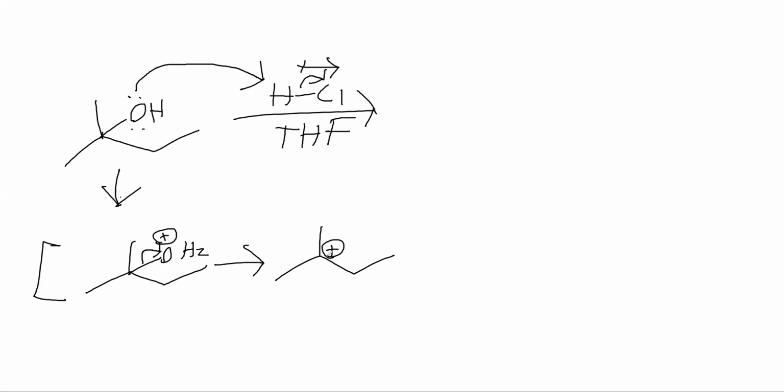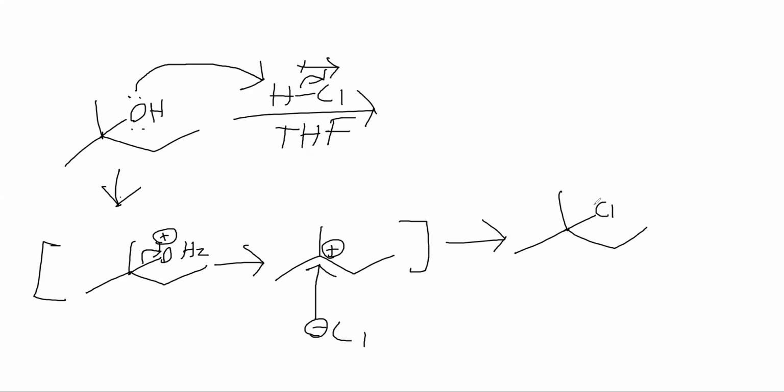And obviously the carbon doesn't want to stay positive, and we formed a negative chlorine at the beginning. So the chlorine will act as a nucleophile and attack the carbocation, which is an electrophile. And it leads to this product with the chlorine on the same position as the alcohol was.